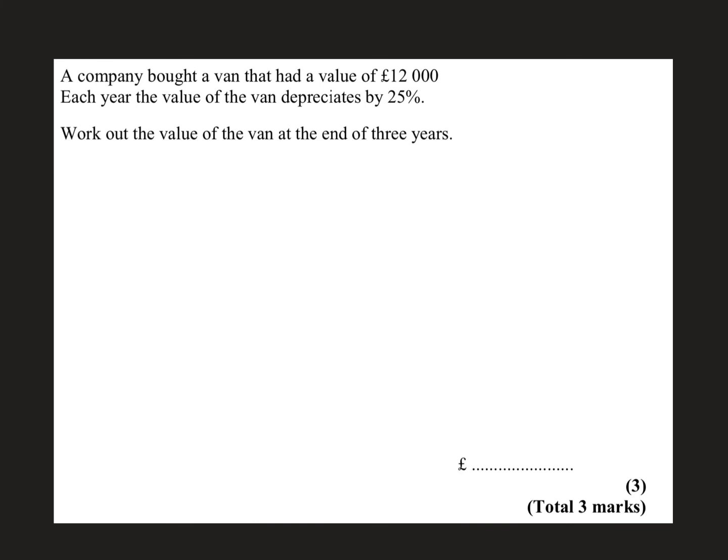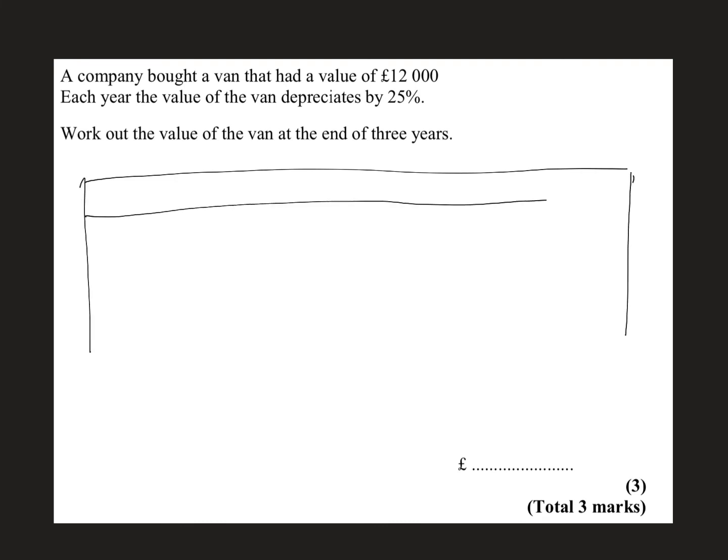Okay, so we're going to draw out our table here again. And we have 3 years this time, so our column at the start should say years, and we're going to have 1, 2, and 3. Then we have our start amount.